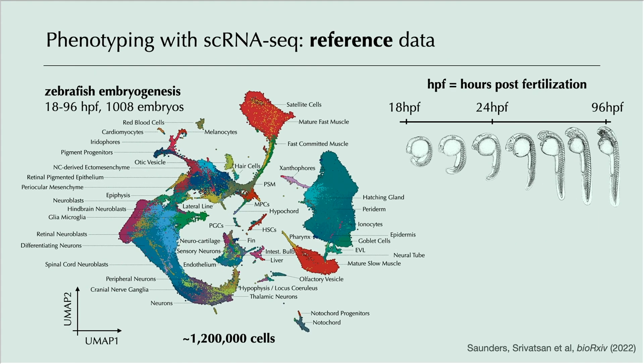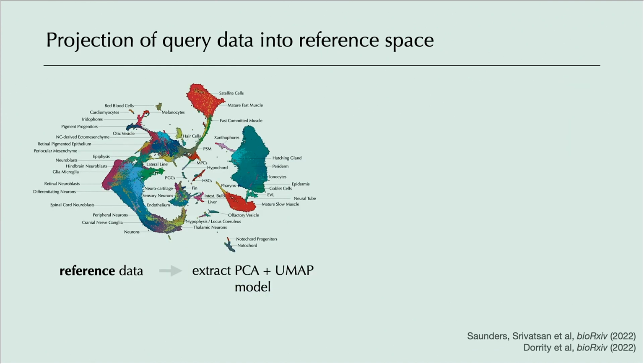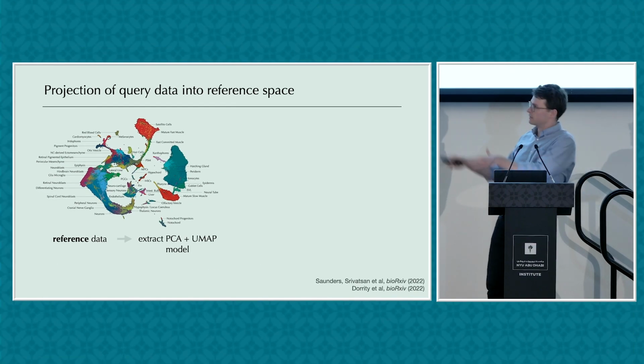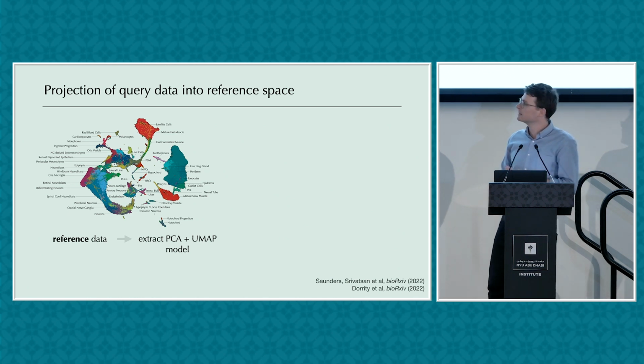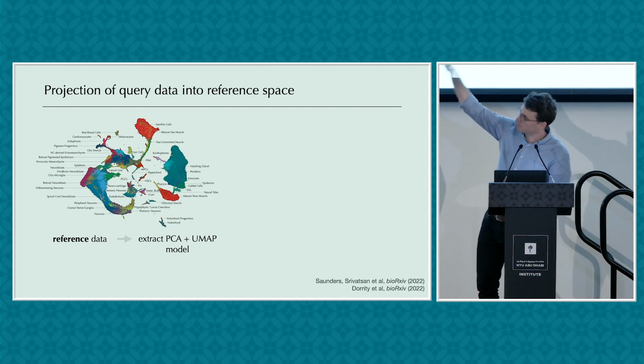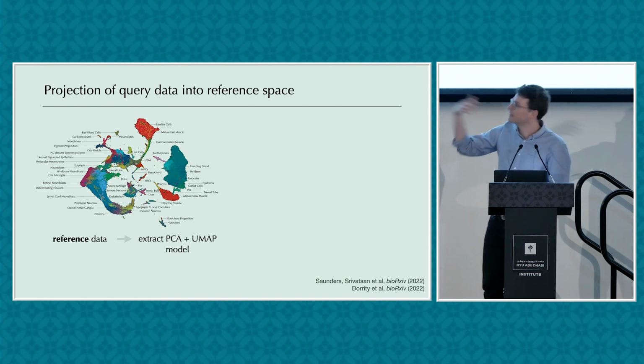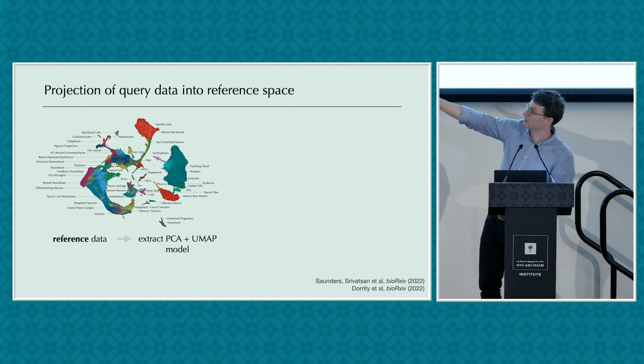So I'm going to pause for 1 second just to highlight a quick important computational technique for analyzing the effects of temperature. You may have noticed that our temperature map looked a lot like the reference map, and that's not an accident. We use a computational approach that's increasingly popular in the single-cell field, where we go from this reference data and extract the underlying models used to build this representation, which in our case is a linear dimensionality reduction, about 100 principal components, and additionally the nonlinear visualization with UMAP.